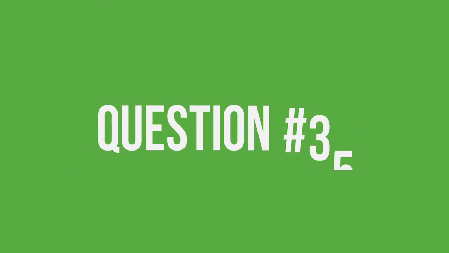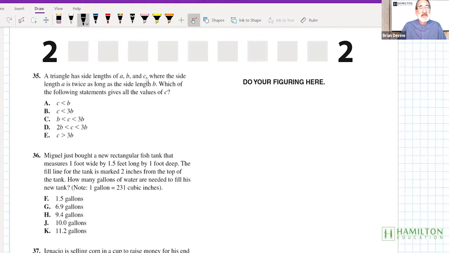For number 35, a triangle has side lengths of A, B, and C, where the side A is twice as long as the side B. Which of the following gives all values of C? So I could have something like this.